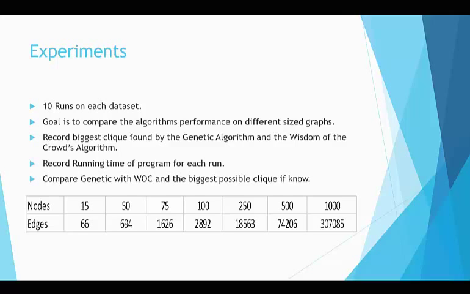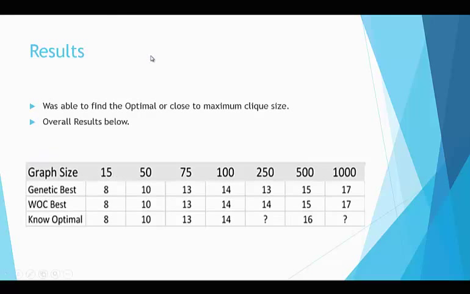So let me talk about the results some more now. Overall, I found that it was able to find the optimal or close to maximum clique size. Optimal meaning it's the biggest possible clique for that graph, for the data set.